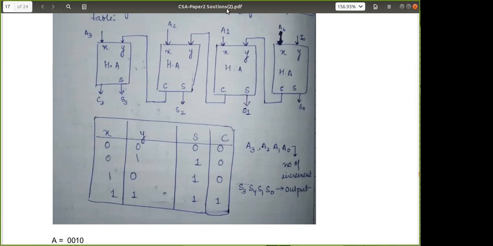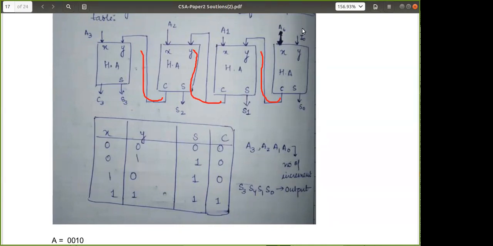Similarly, this carry moves to the next, and this carry moves here, and this carry moves here. Our inputs are A0, A1, A2, and A3, and the outputs are S0, S1, S2, and S3.